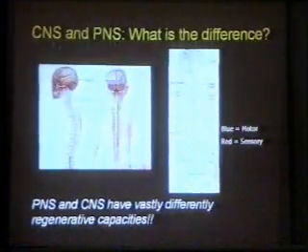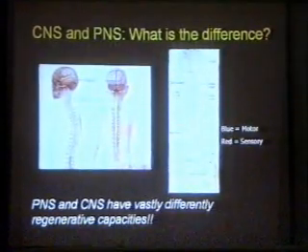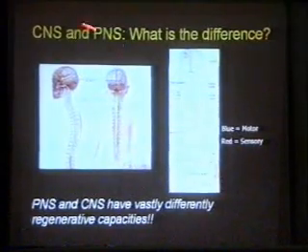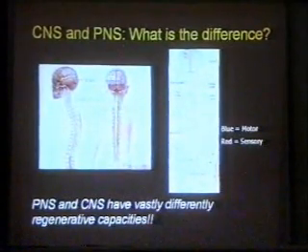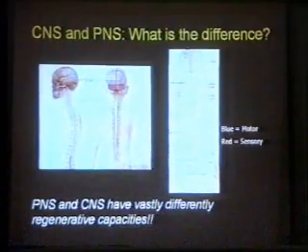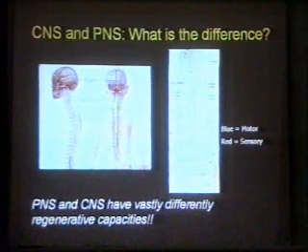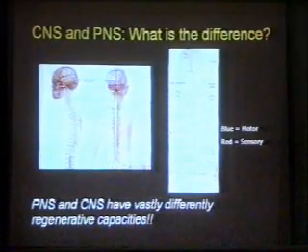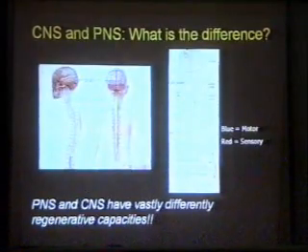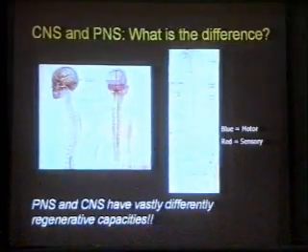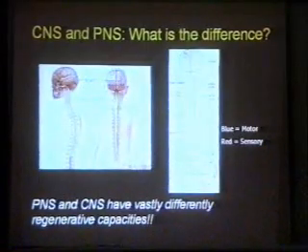So for those of you who are not neurotypes, I just want to clarify the difference between PNS and CNS. The simplest way to think about it is that everything inside your cranial cavity and your spinal cord, your vertebral column, is technically CNS, and everything outside is your PNS. The difference is significant, not just anatomically but in regenerative potential, because the cells that myelinate the peripheral and central nervous systems are quite different, and the way they respond to injury is very different.